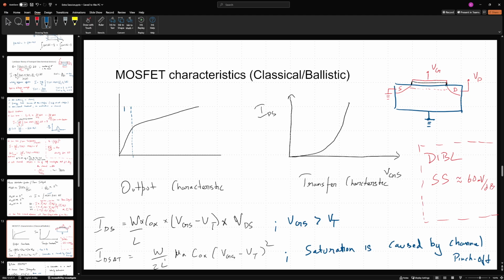This gives me the linear region, and this gives me the saturation region. And over here, again, I will redraw this graph once I'm done labeling the axis here.